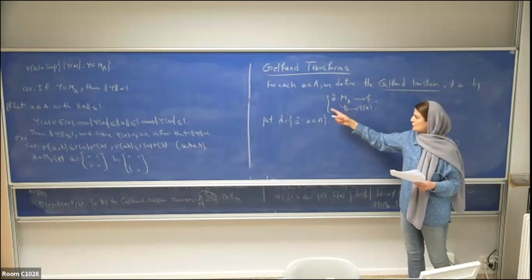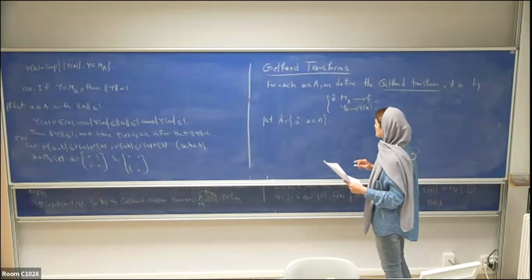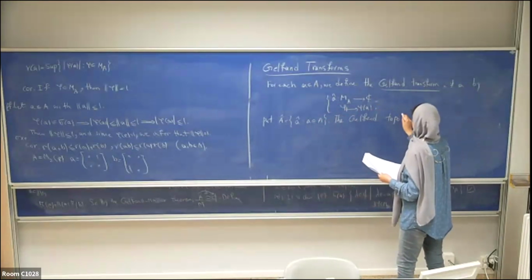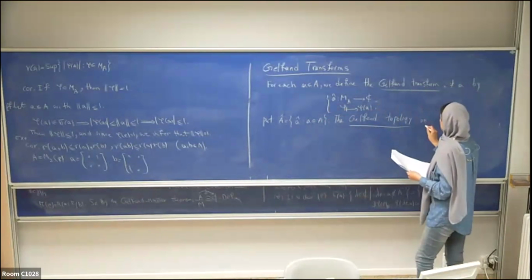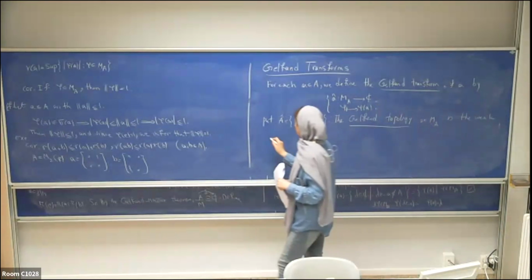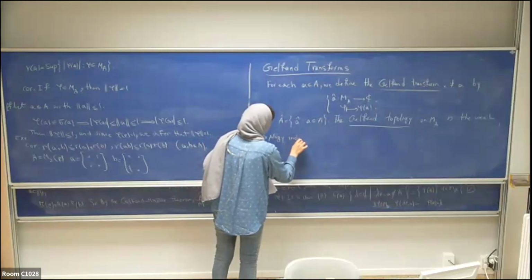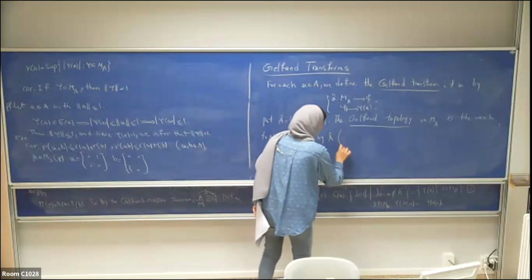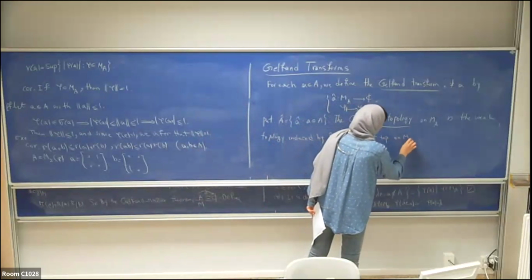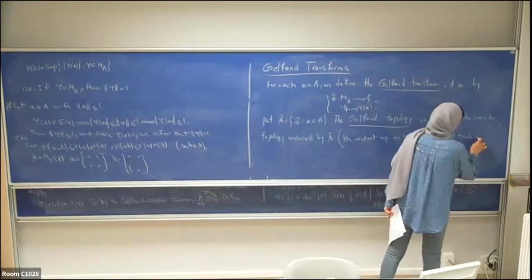In other words, the weak topology induced by a hat is called the Gelfand topology, and we consider this topology for M of A. It means that this is the weakest topology on M of A which makes each a hat continuous.